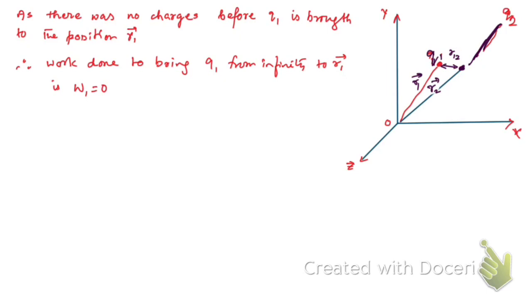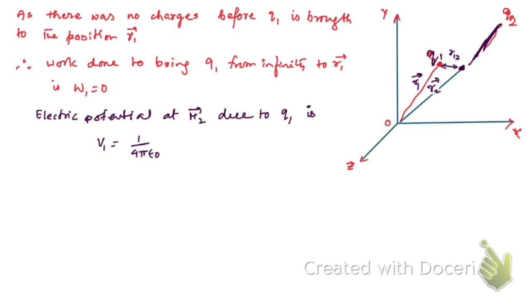So now you see, the electric potential at R2 due to Q1 is going to be given by V1 is equal to 1 by 4 pi epsilon naught Q1 by R12, right?